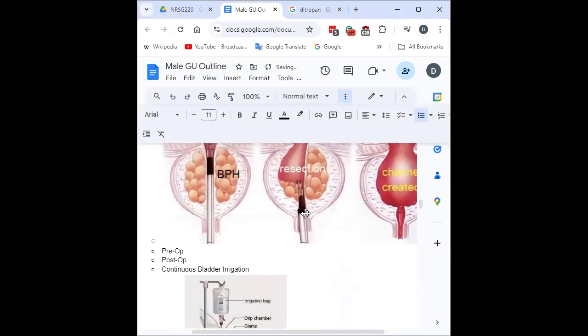And here's that picture. Can the TURP be the removal of some parts and not the full prostate? That's a good question. Let me find out.